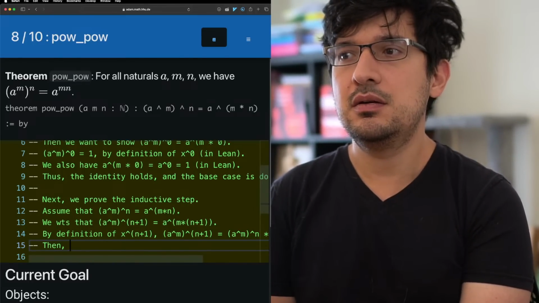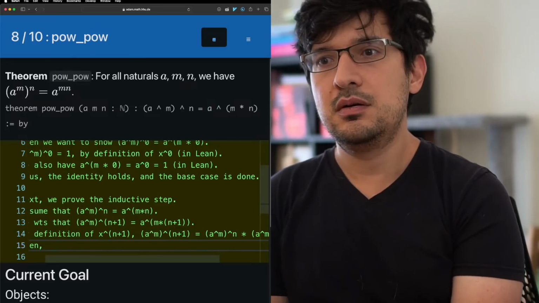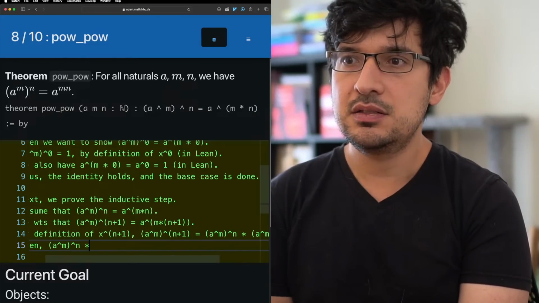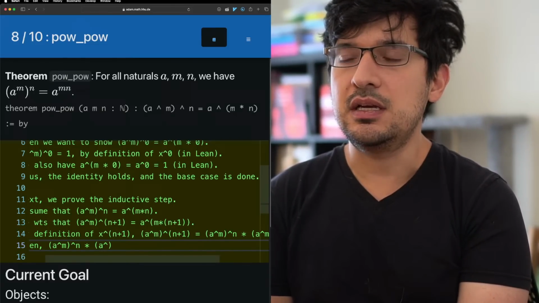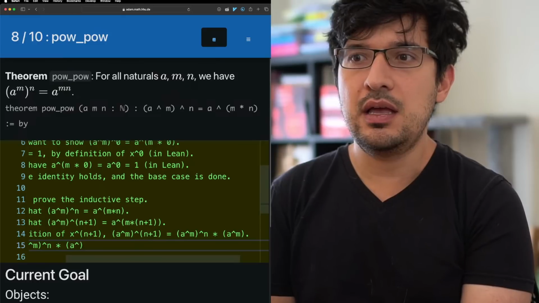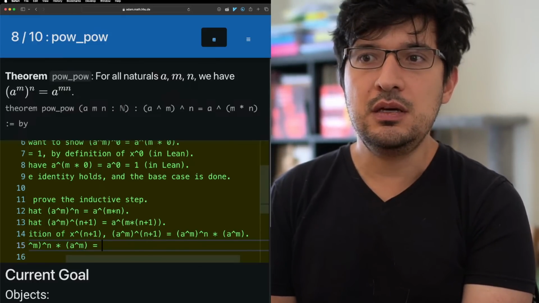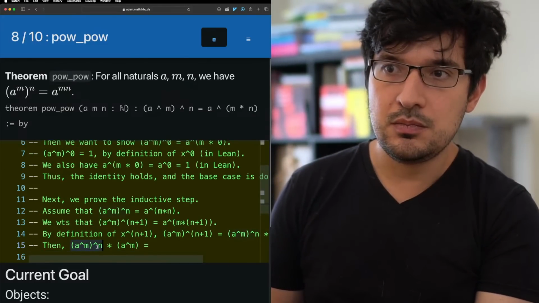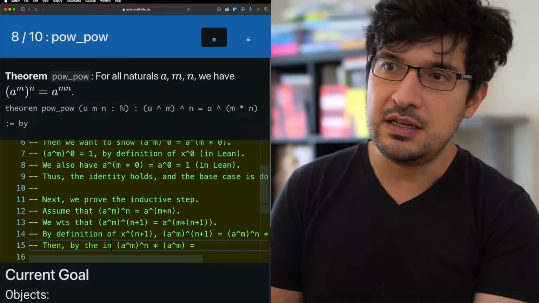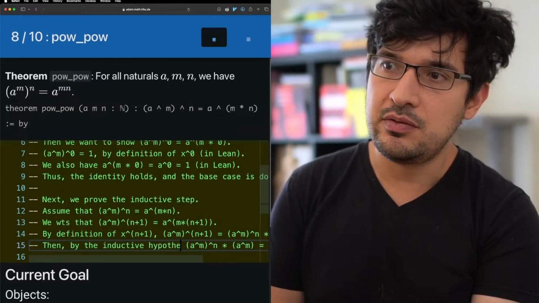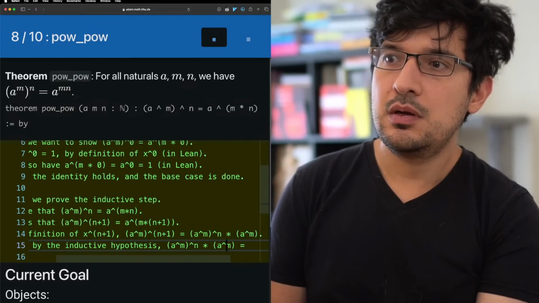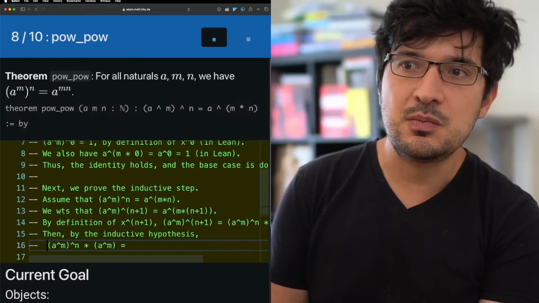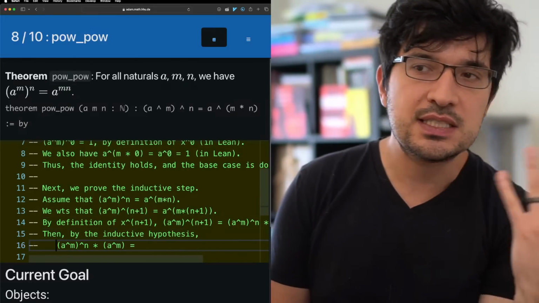Then a to the m raised to the n times a to the m equals, so I'll say then by the inductive hypothesis, maybe we'll center these in our homework so that it looks nice.